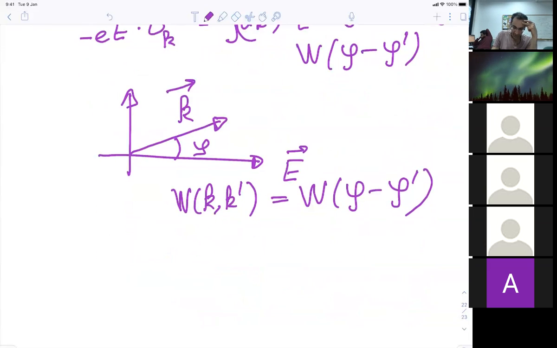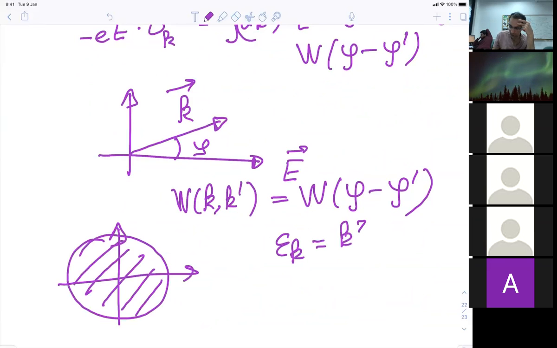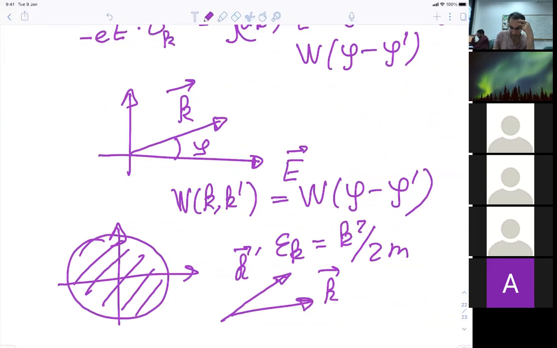So this implies that I have a Fermi surface, epsilon k is equal to k squared over 2m. And then I have a vector k prime on the same surface. Maybe I should draw it there.